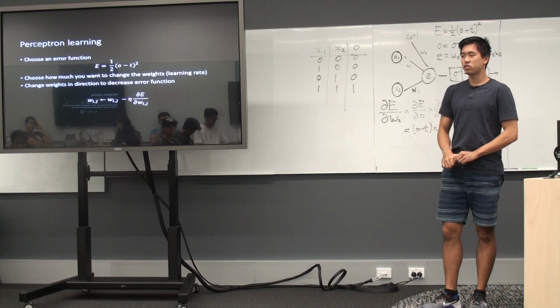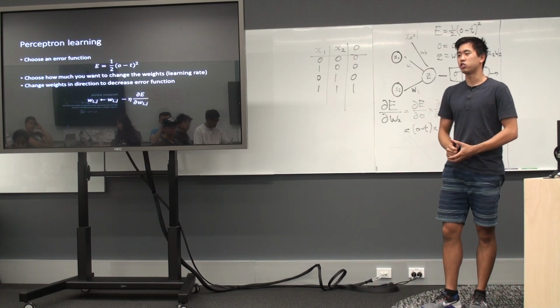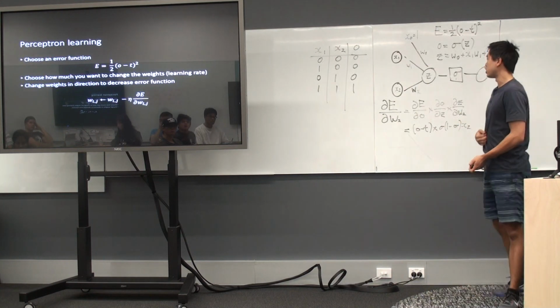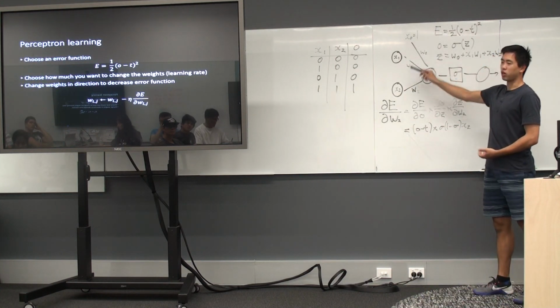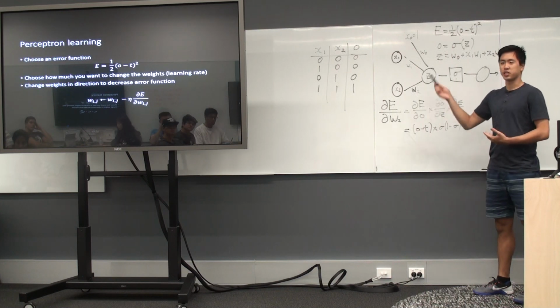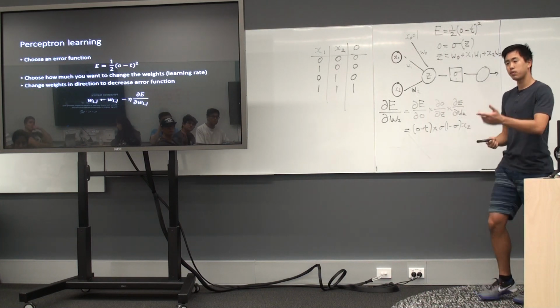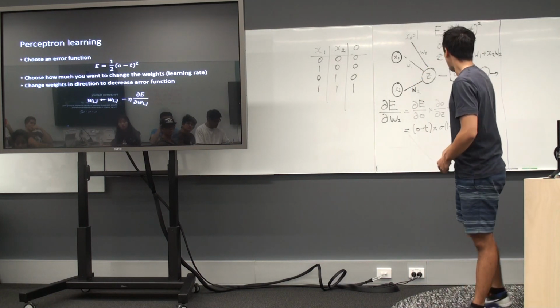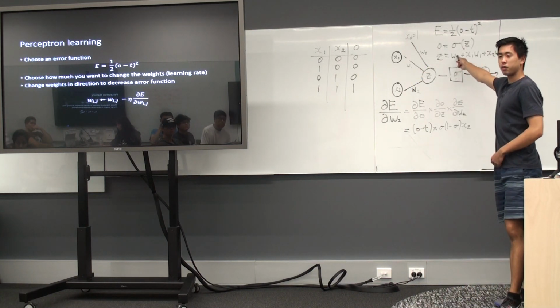Any other questions? Did that answer your question of how to actually learn these weights? As I mentioned, the weights are what's important in a perceptron and a neural network. The derivative with respect to W0 will be 1.